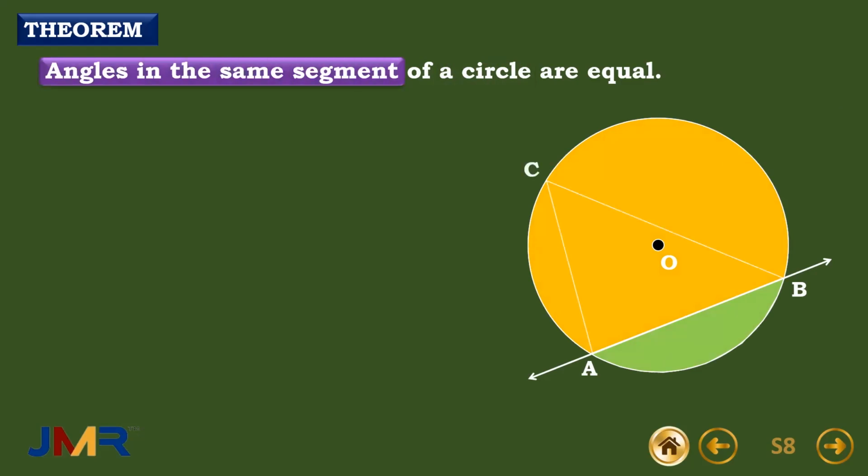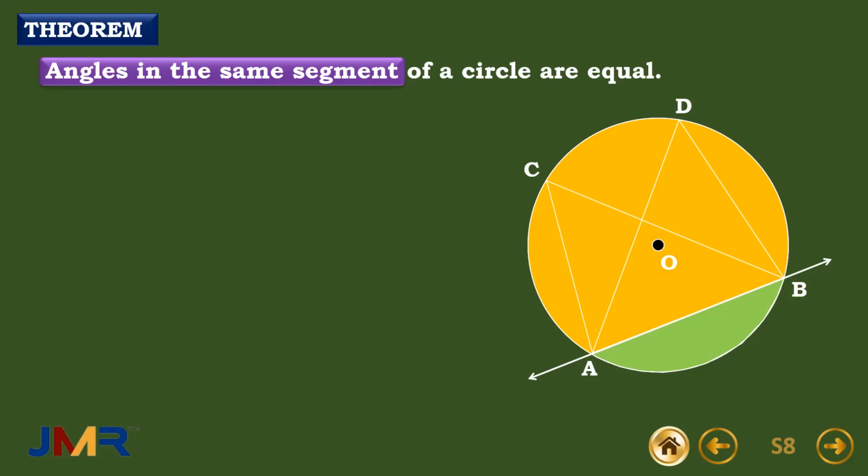Now angles in the same segment. I have taken an angle ACB in the major segment, and another angle ADB is also in the major segment. Now my task is to prove angle ACB is equal to angle ADB.